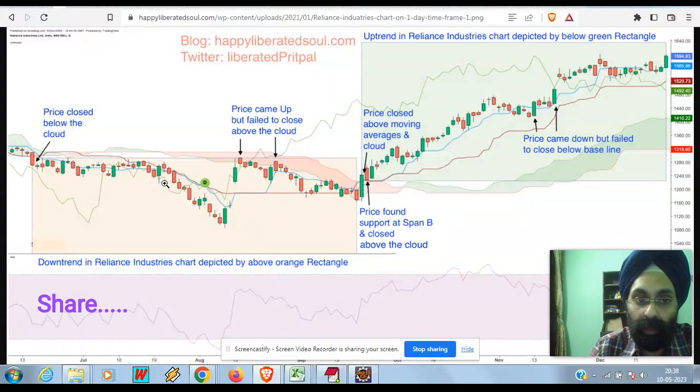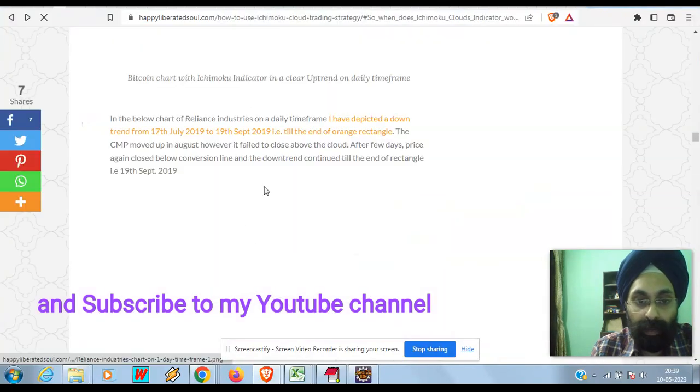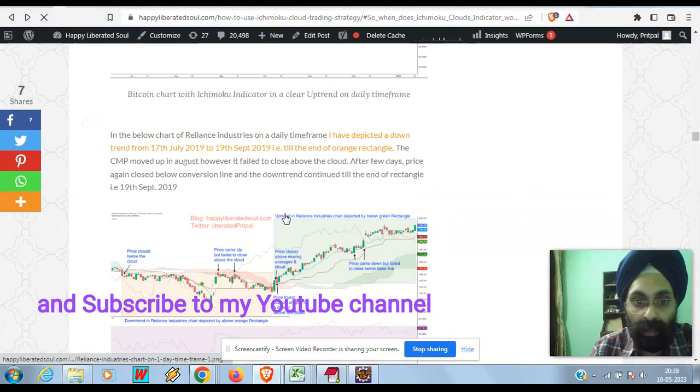You can probably make more profit here, ideally, because the cloud is very flat. So the ideal way to trail the stop loss will be keeping it somewhere above the baseline.